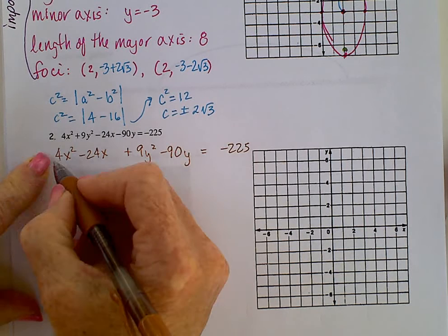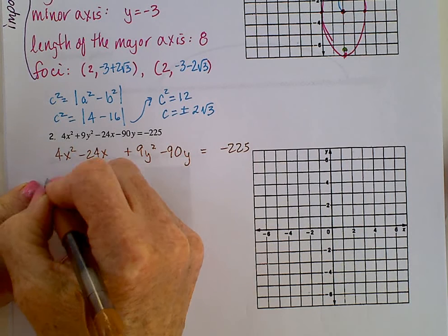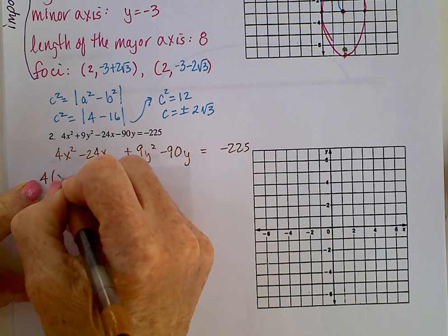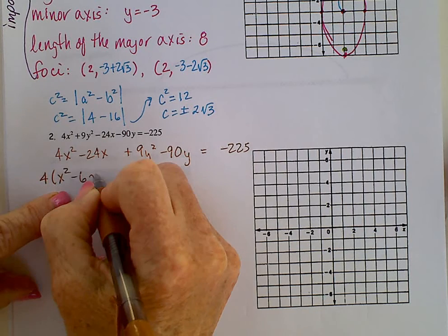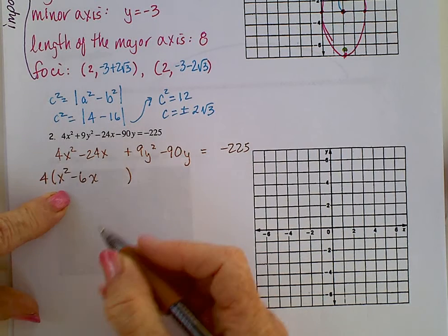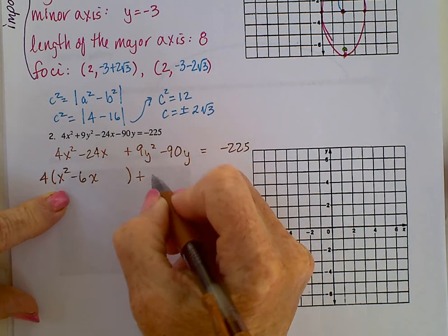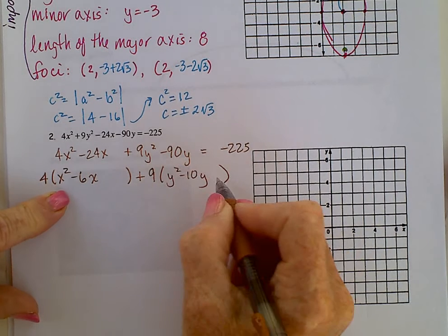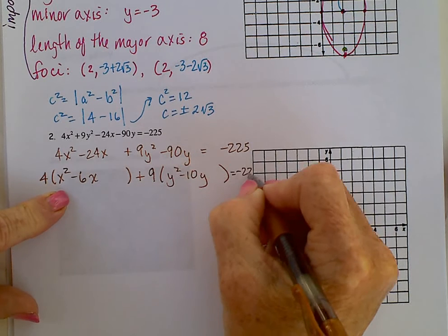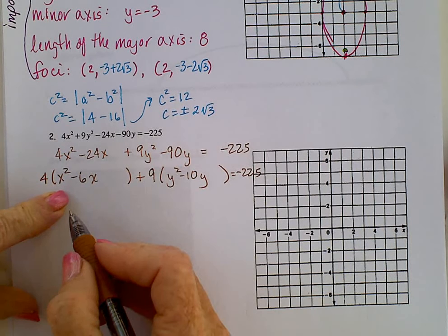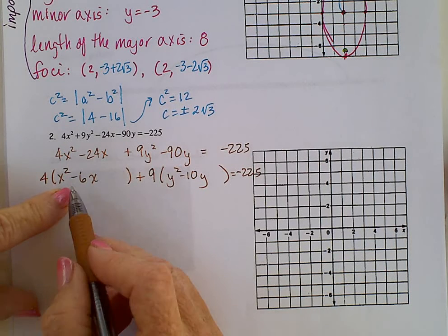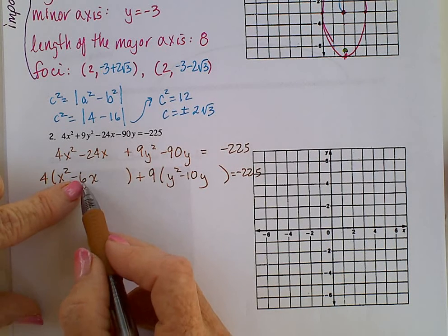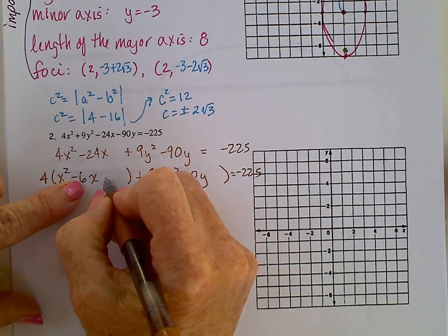From the x's, let's factor out a 4. That leaves me with x squared minus 6x. Please leave a space. From the y's, let's factor out a 9. Again, leave a space. All right, now we go through and we complete the square. For the x's, half of this 6 is 3. 3 squared is 9, so we're going to add 9.